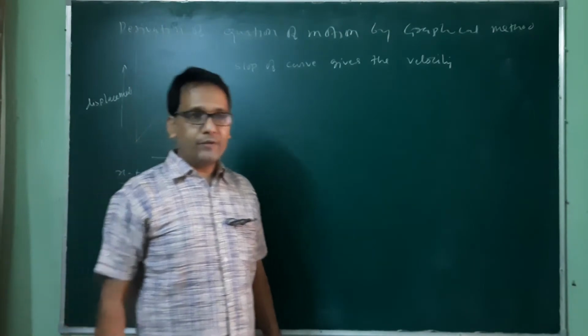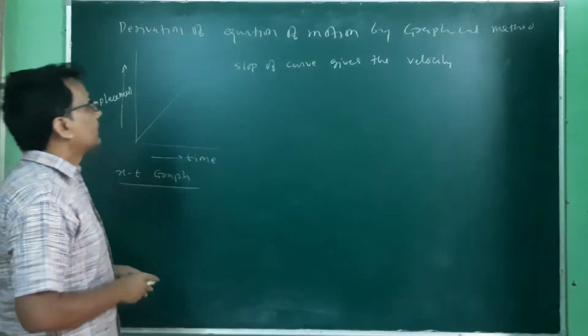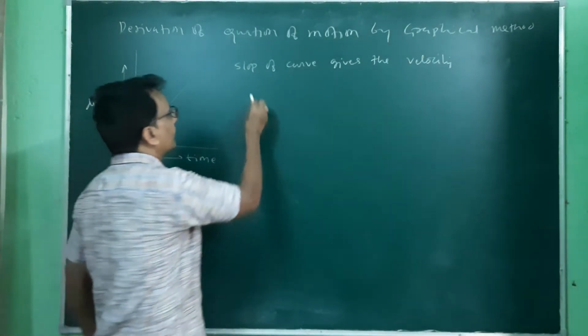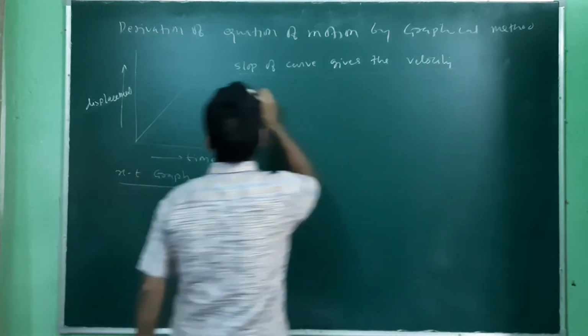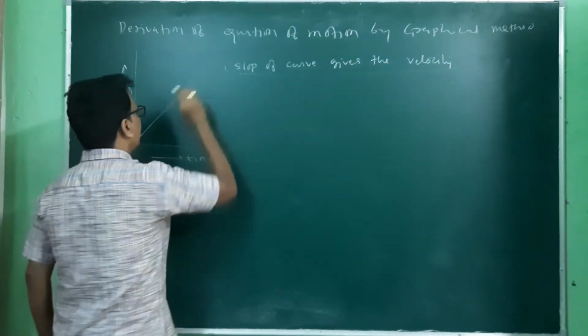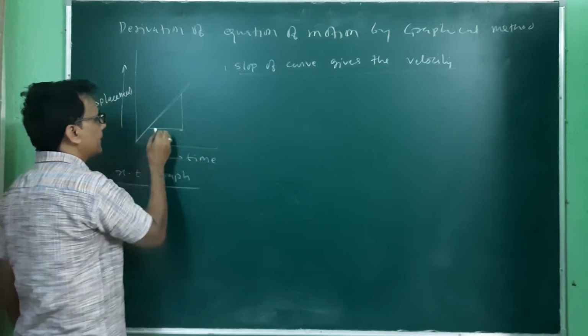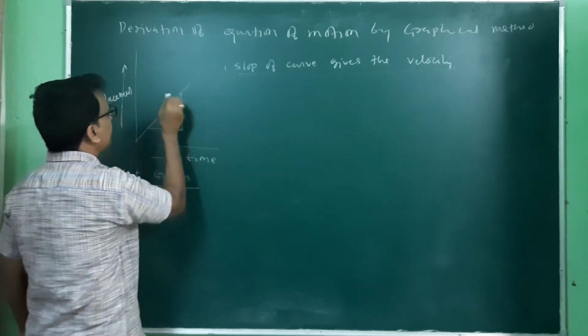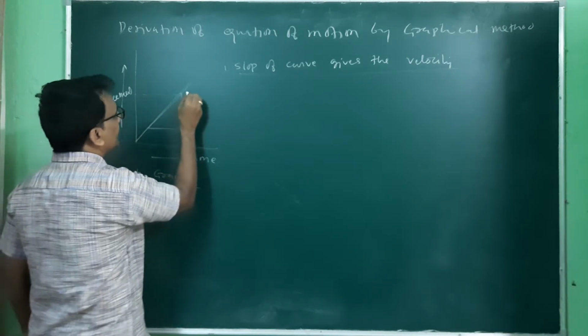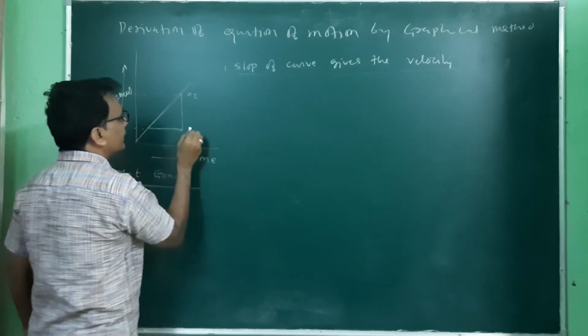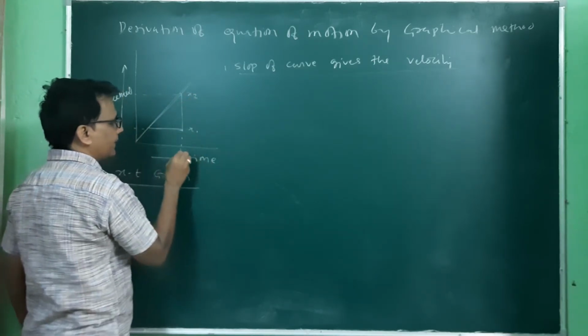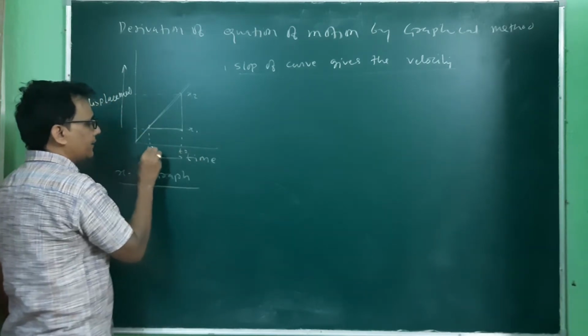When in the same direction, the speed and velocity are the same. So the slope of the curve gives the velocity. If this is the curve, then the slope is represented like this. Let's say this point is x2 and this point is x1, and this is t2 and this is t1.